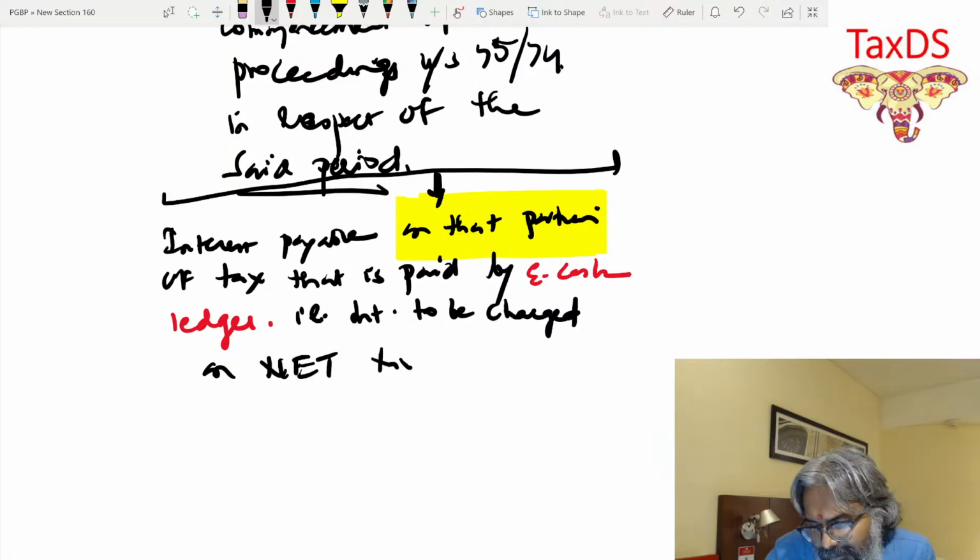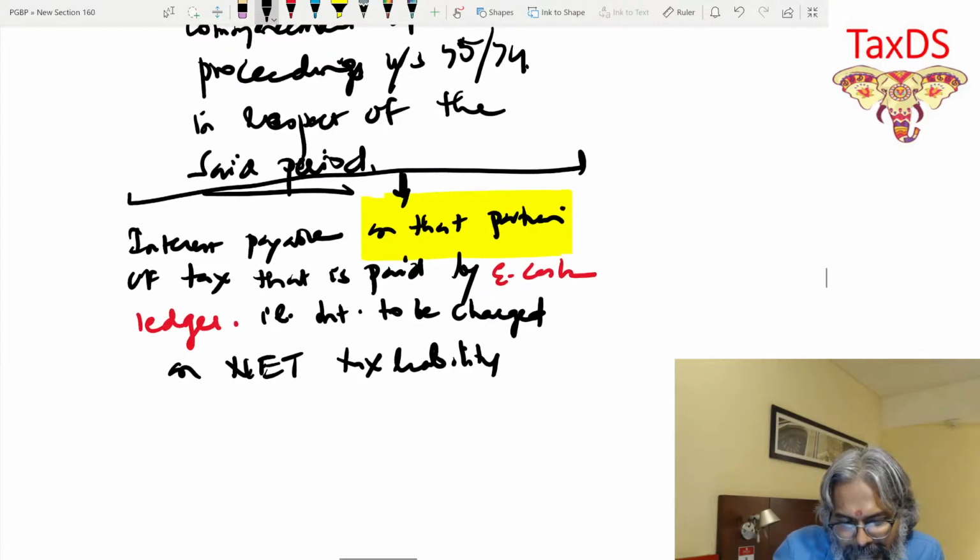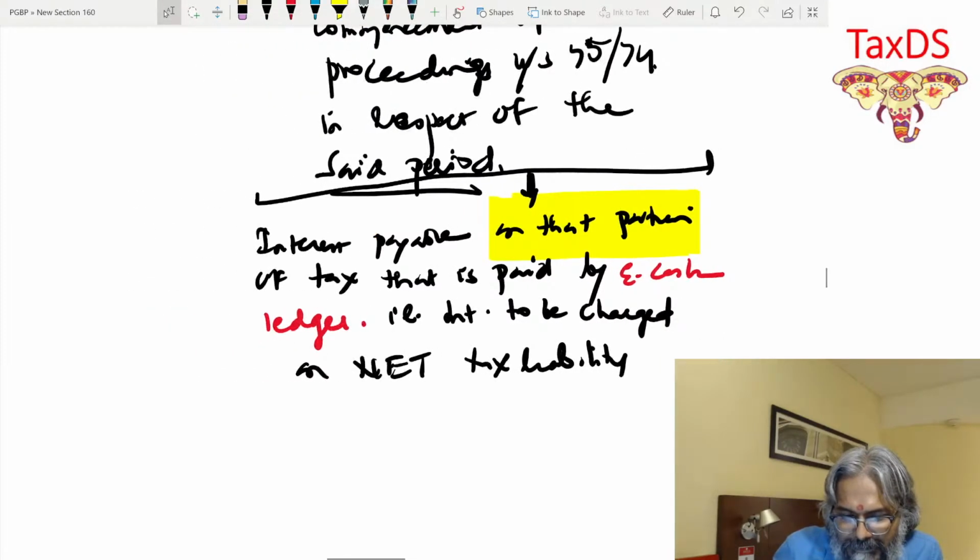What is net tax liability? That is the tax liability after utilizing your ITC. Because that net tax liability is what you're going to pay by cash. So only on that net amount would the interest be calculated in this case.